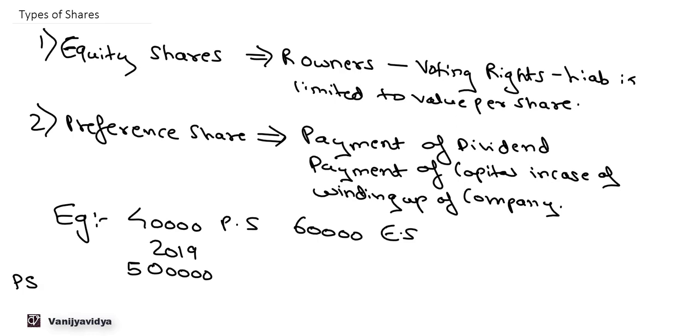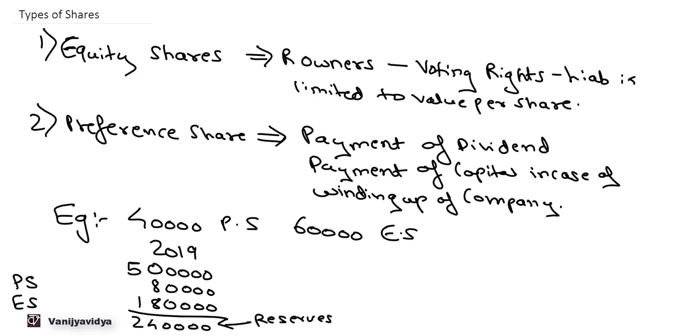So 40,000 preference shares into 2 rupees per share, so that is 80,000 rupees, and 60,000 equity shares into 3 rupees per share, so that comes to 1,80,000 rupees. So 5 lakh minus 80,000 minus 1,80,000, so 2,40,000. Now this 2,40,000 will go into reserves.